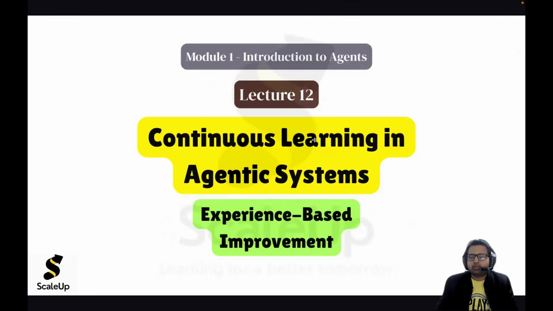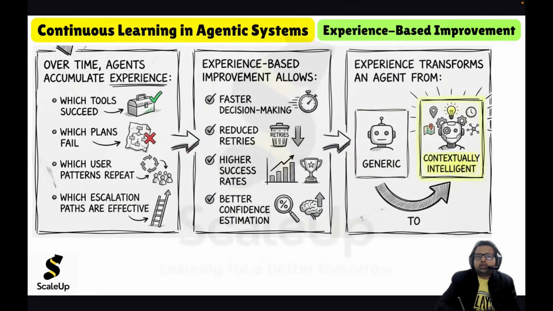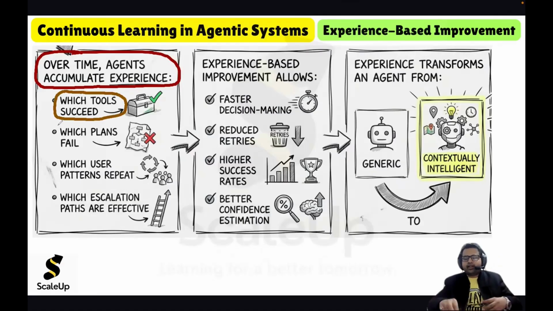Experience based improvement. See, over time, agents accumulate experience, like which tools succeed. So the idea is that now, when the agent is live, it is working in the real world. It is learning from experience, because it is experiencing new edge cases and novel tasks, and based on that, it is learning.